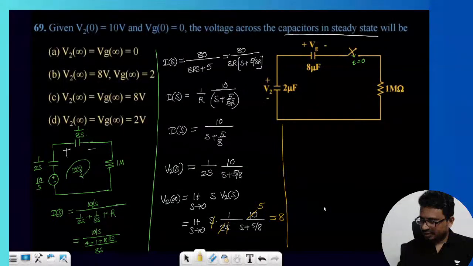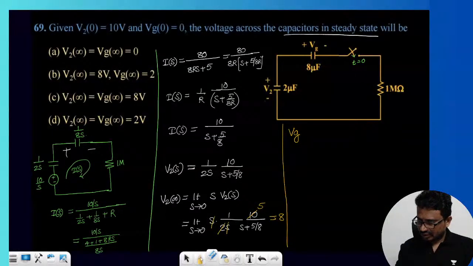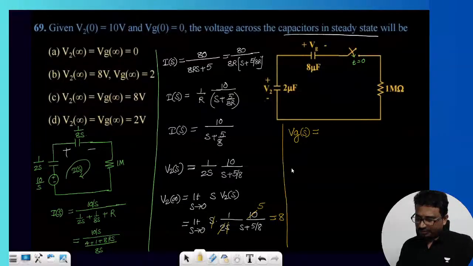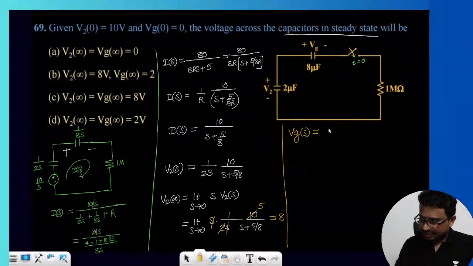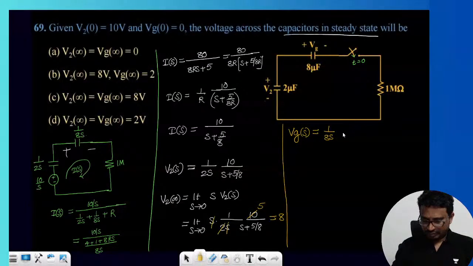And thereafter, we can see the Vg. What about the Vg value? Vg of S will be equal to how much? It is 1 by 8S into I of S. Same thing here, we can apply the final value theorem.